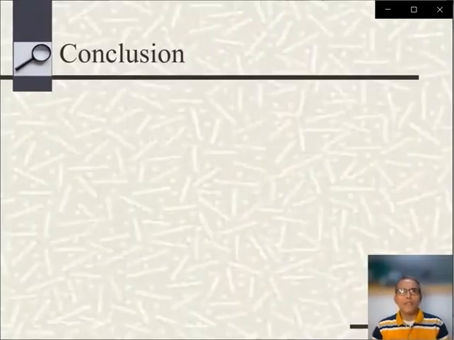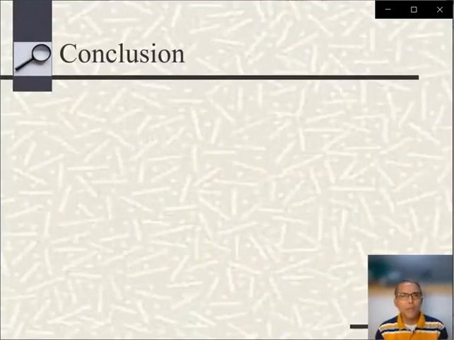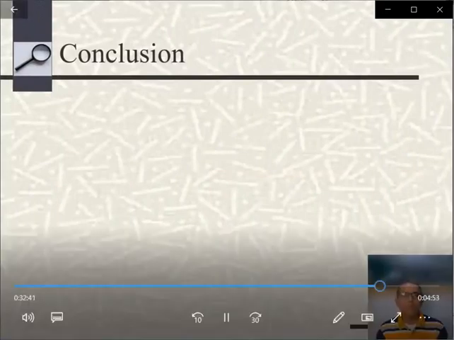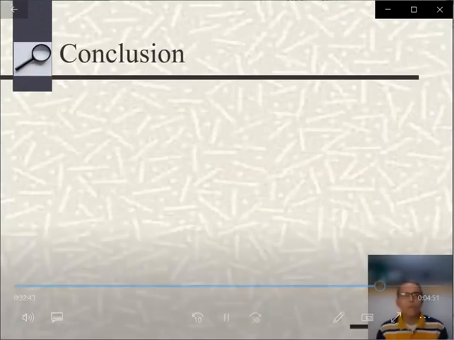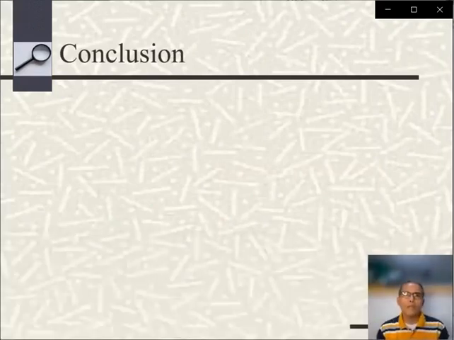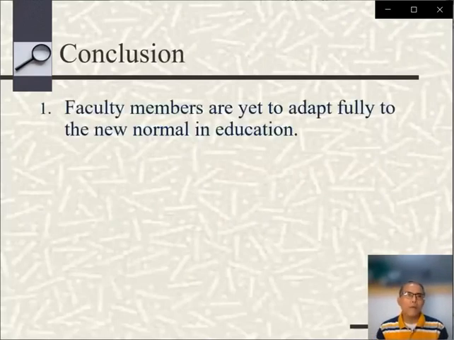Okay, after analyzing the data gathered, we concluded that despite being in a fully online teaching and learning environment, the majority of the references listed in the course syllabi are printed materials. That suggests several indications. Number one, faculty members are yet to adapt fully to the new normal in education.